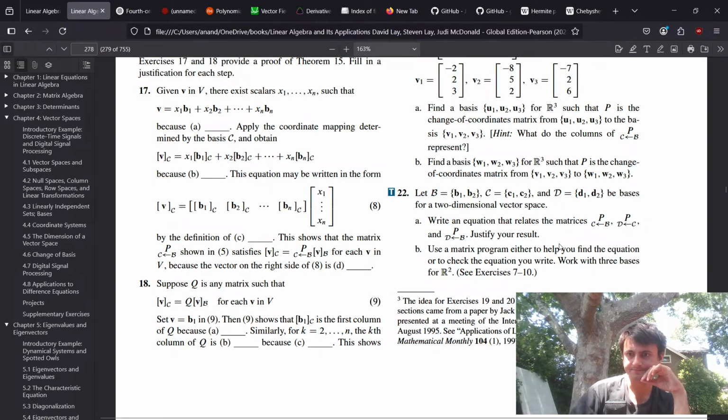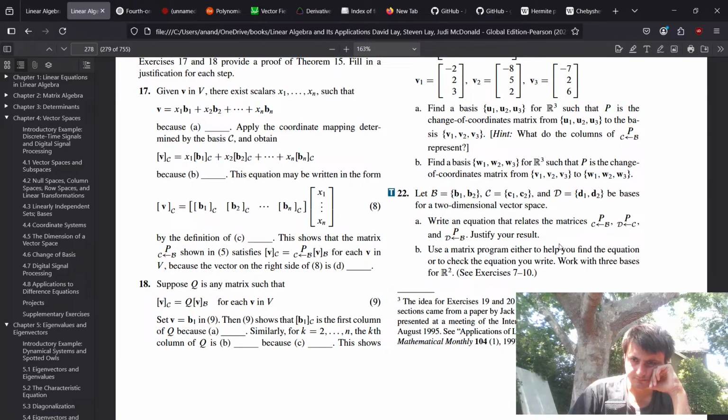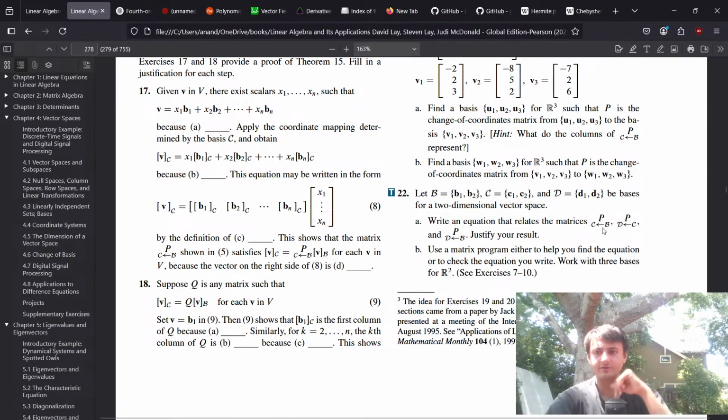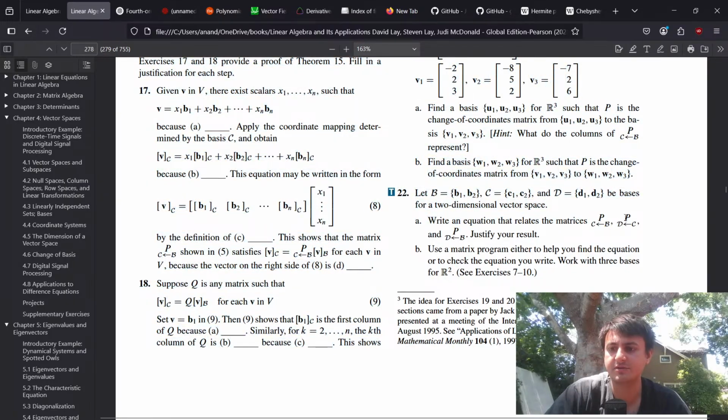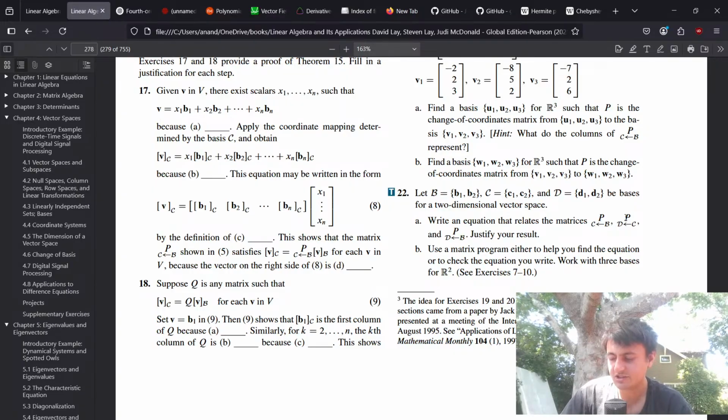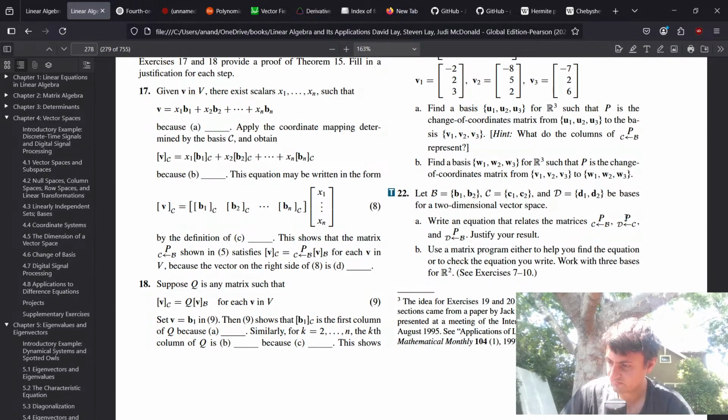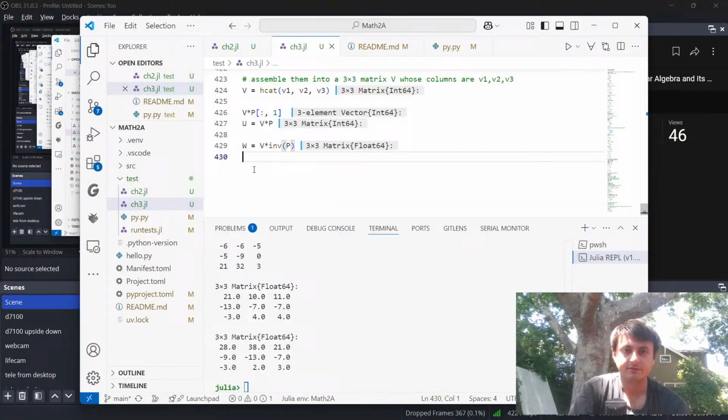Okay, so if we wanted to write P from B to C in terms of the other two, so B to C should be equal to P from B to D. And then the inverse of C to... Okay, so what I'm saying is for this, we're going to have PCB.